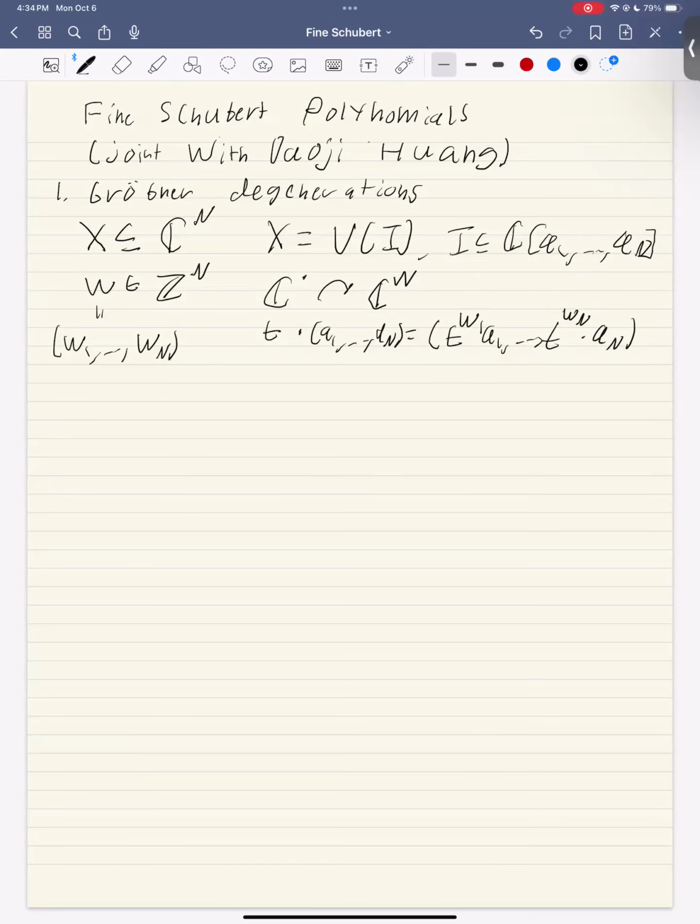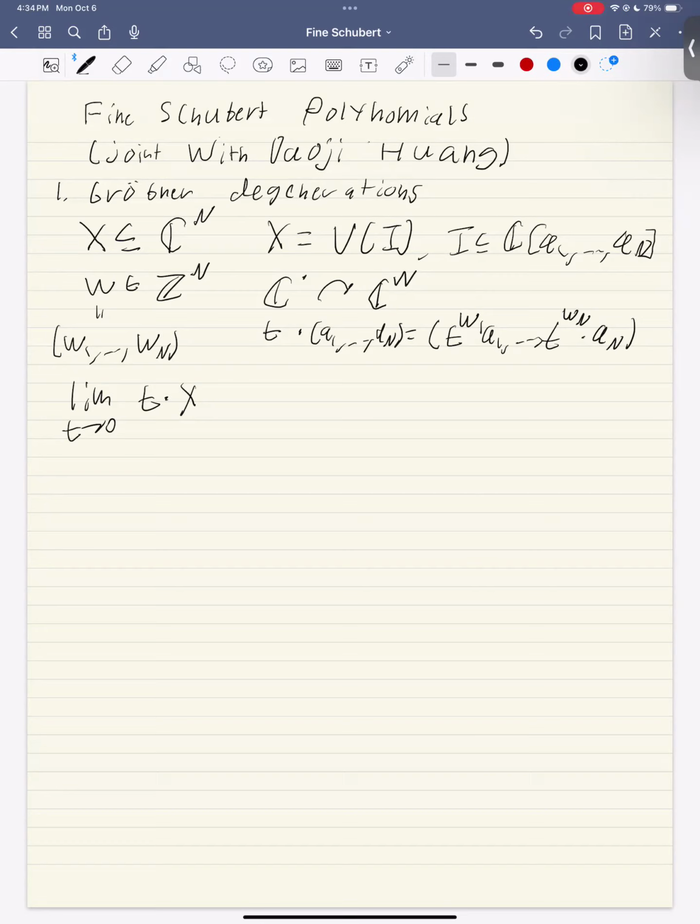Okay. And then the reason to consider this is that it's interesting to consider what happens to X as we act by this copy of C star and then send T to 0. Okay, so we're going to look at the limit as T goes to 0 of T dot X. Let me explain what this means, because usually you don't take limits of sets.